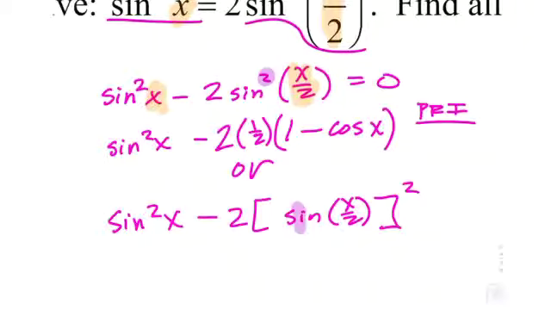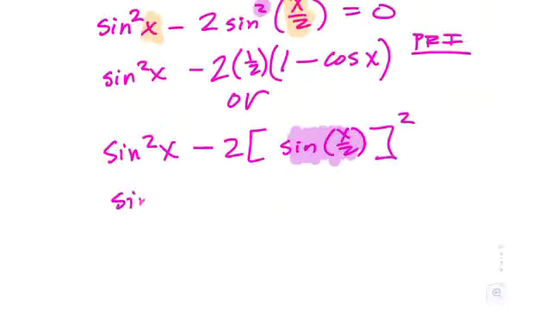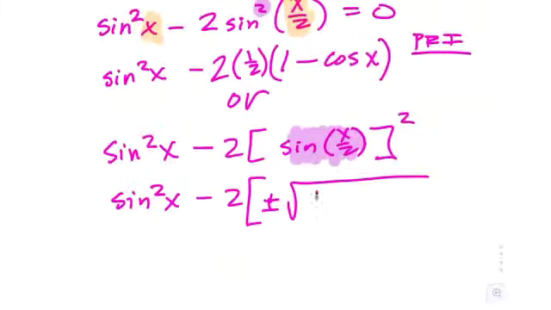If you don't use the power reducing identity, you can use the half angle identity. Let's see what that would look like. That would be sine squared minus 2, and now in the brackets, you're going to have plus or minus the square root of 1/2 times 1 minus cosine of x. And then, of course, on the line after that, what happens when you square a radical?